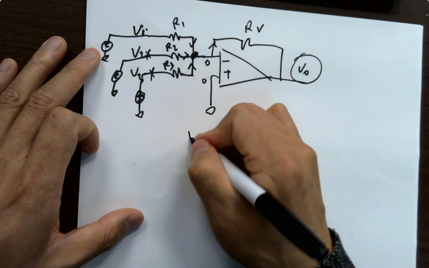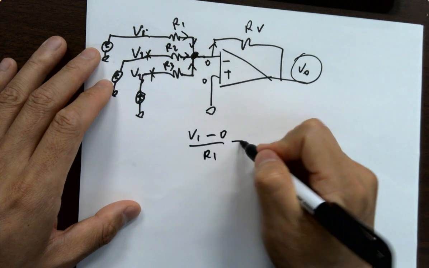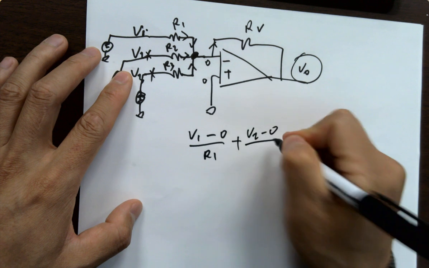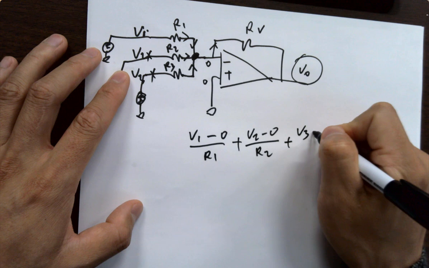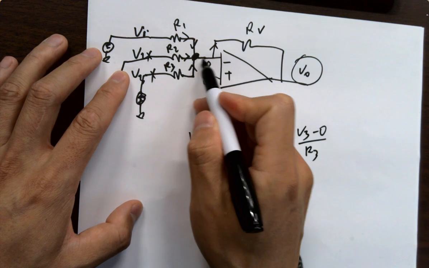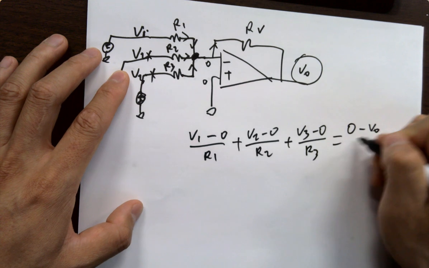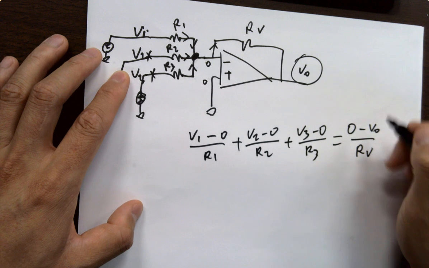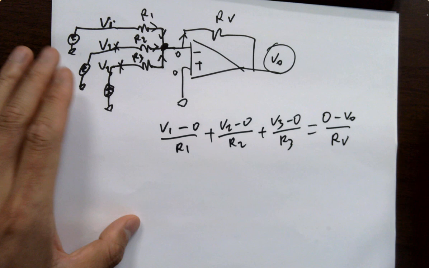So you are getting V1 minus 0 over R1, that's one branch current, plus V2 minus 0 over R2, that's the second branch current, and plus V3 minus 0 over R3, that's the 3 branch currents getting into the node and equals the current flowing out from the node, which is 0 minus VL over RB, it's called RB there. That's it.